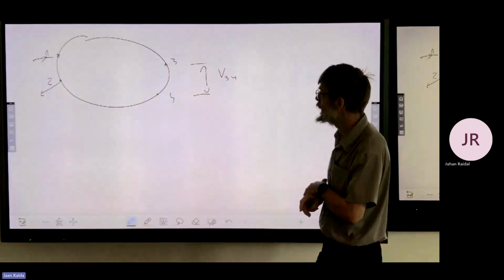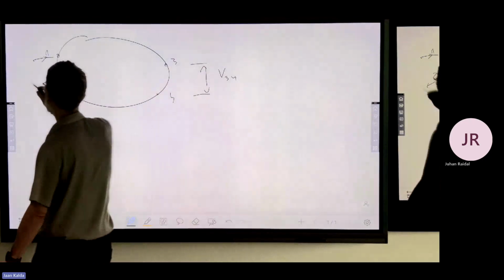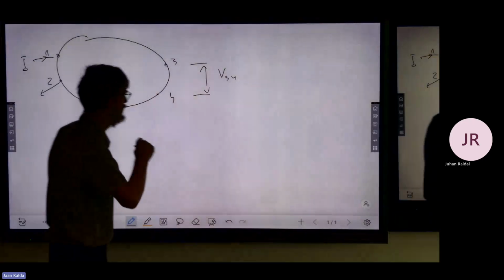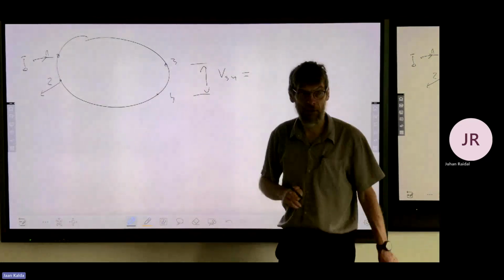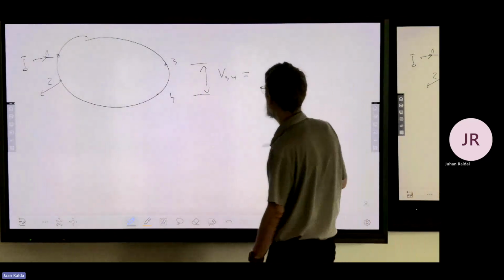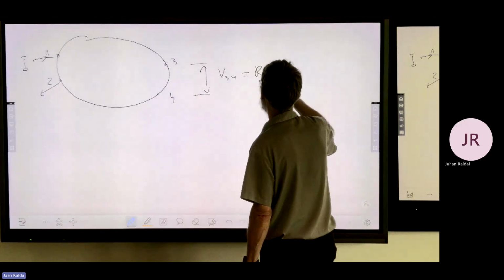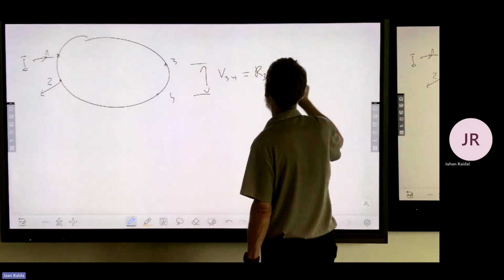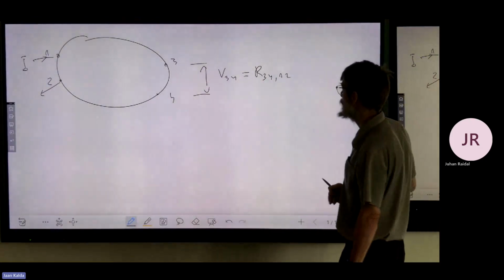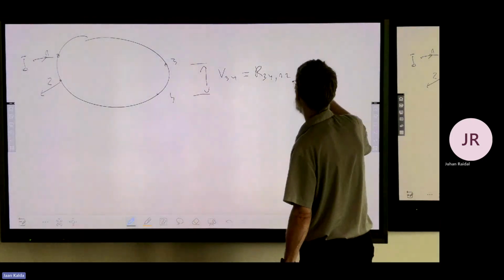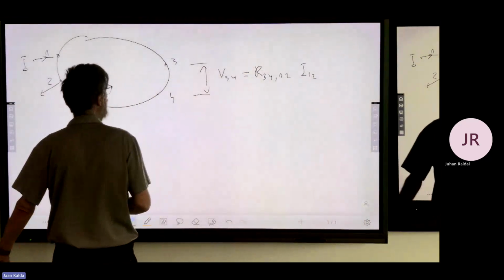Due to linearity, this will be proportional to the current here. The coefficient of proportionality has dimensions of ohms. It will be R3,4,1,2. We let current in between 1 and 2, measure between 3 and 4, with the current I1,2.